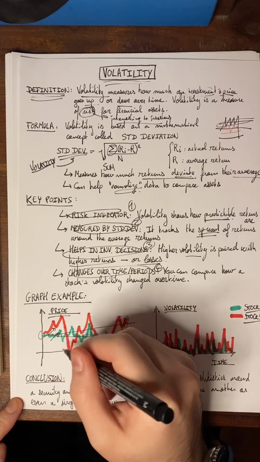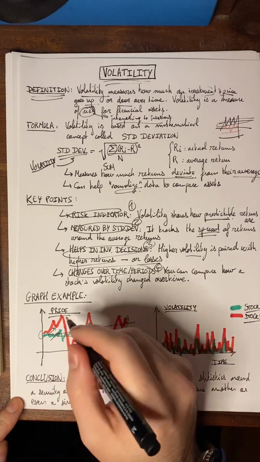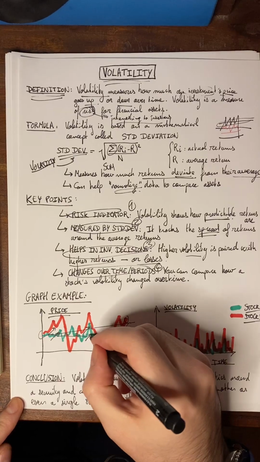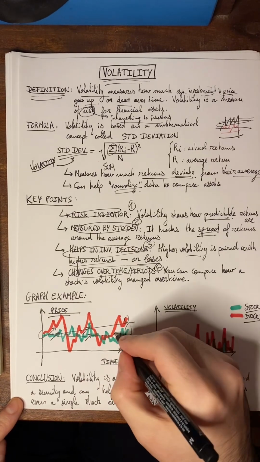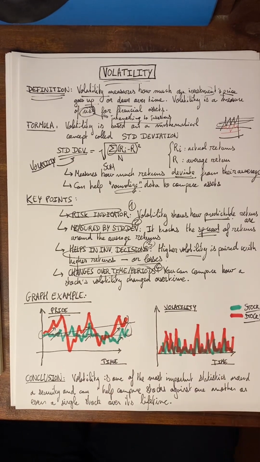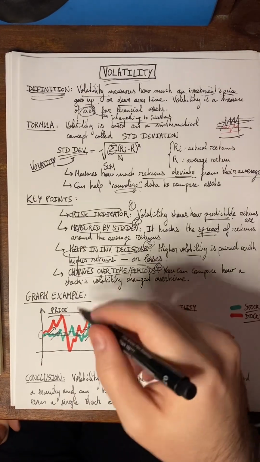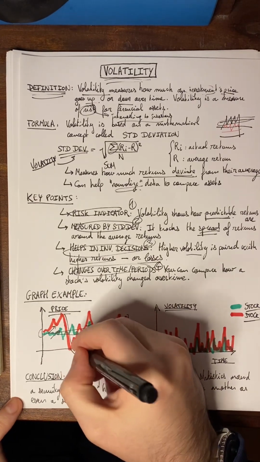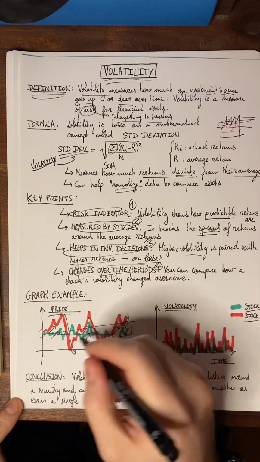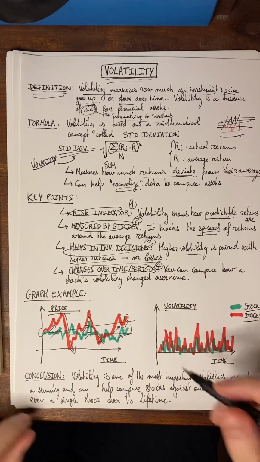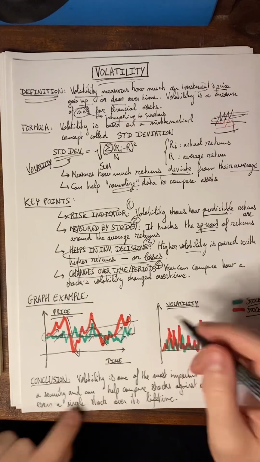Here the red one and the green one go upward at the same time. Here the same, here the same, but the red one is much more prone to moving in big directions compared with the green one. And this translates to a higher volatility.